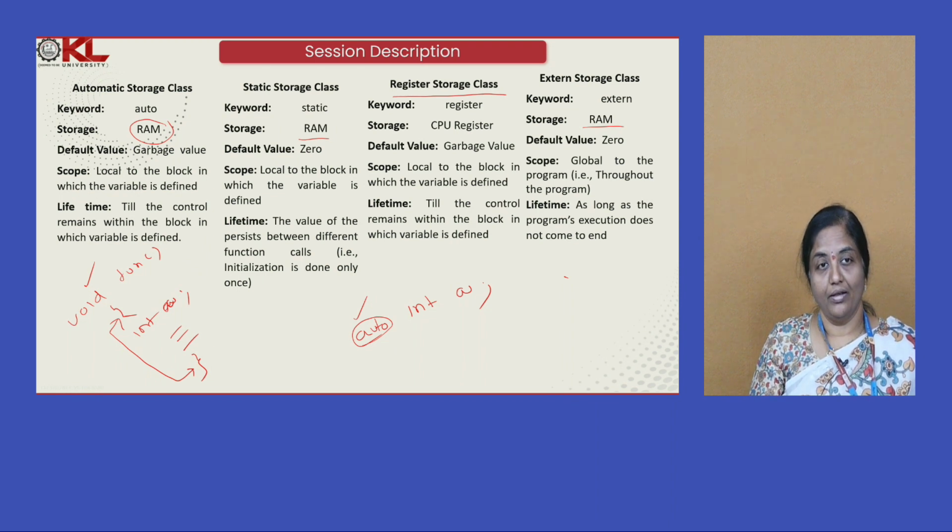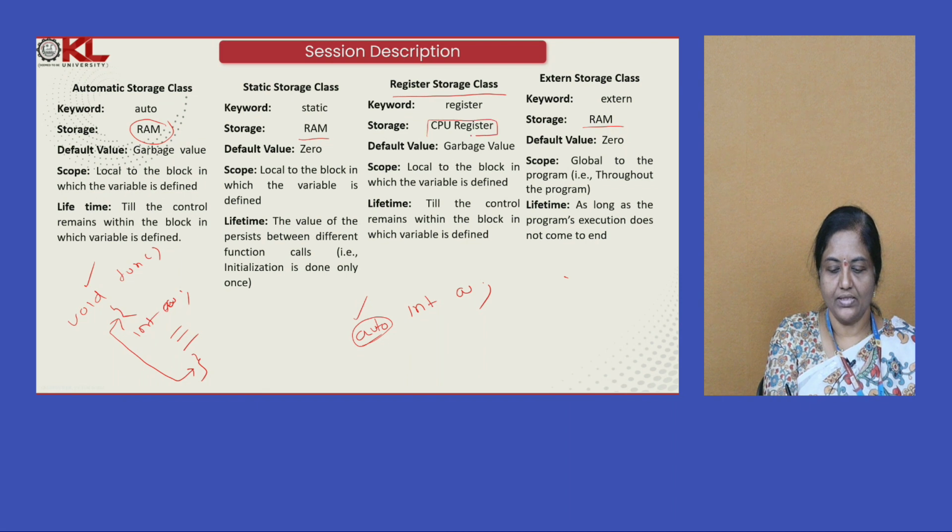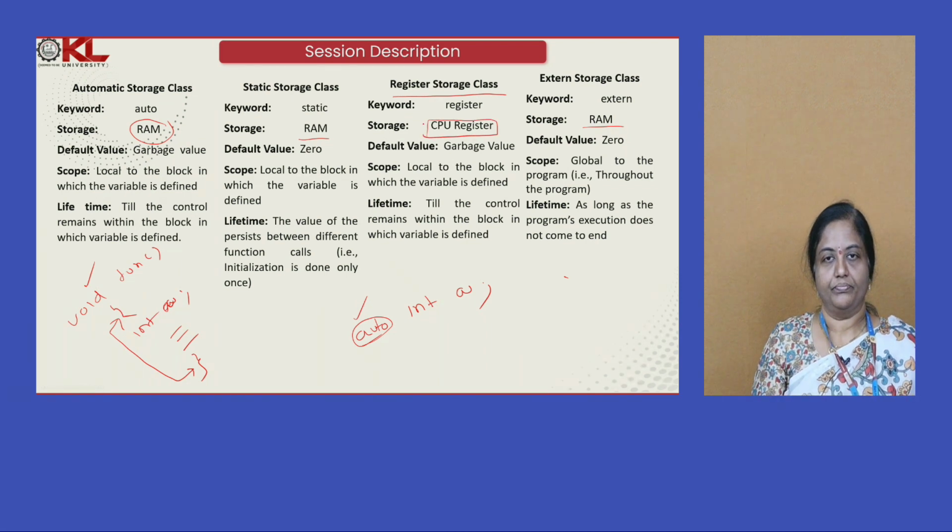Why? How is it possible to be fast enough? Instead of storing your data in RAM, it will be stored in CPU registers. The compiler assigns one CPU register to the variable instead of a memory location in RAM.